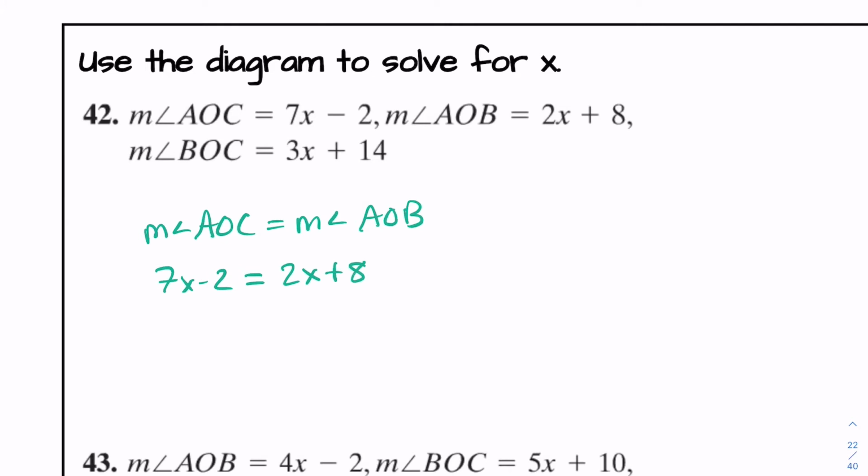So I took AOB, which is 2x plus 8, and substituted in for this side. And then I took 7x minus 2 and substituted in for this side. Why would I do that? Well, if I solve for x, I can then evaluate x in what I'm trying to find for BOC.